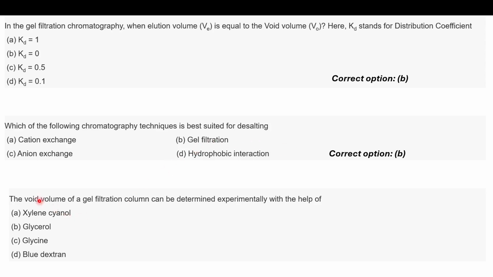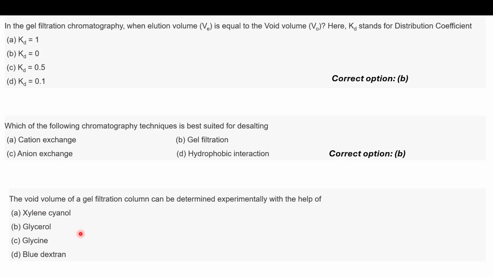Okay. Now, the void volume of a gel filtration column can be determined. We have been talking about void volume, where larger molecules pass through the matrix without getting inside the pores. So how do you determine the void volume?